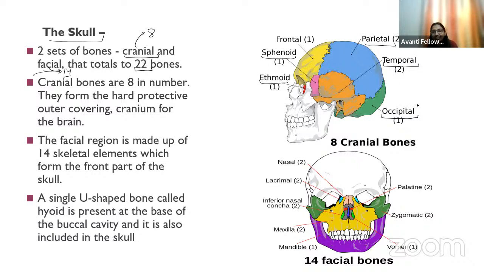Remember one point, the occipital bone has two condyles. Like this, if this is an occipital bone, these are called condyles. Because of which it is attached to the first vertebra, which is the atlas.